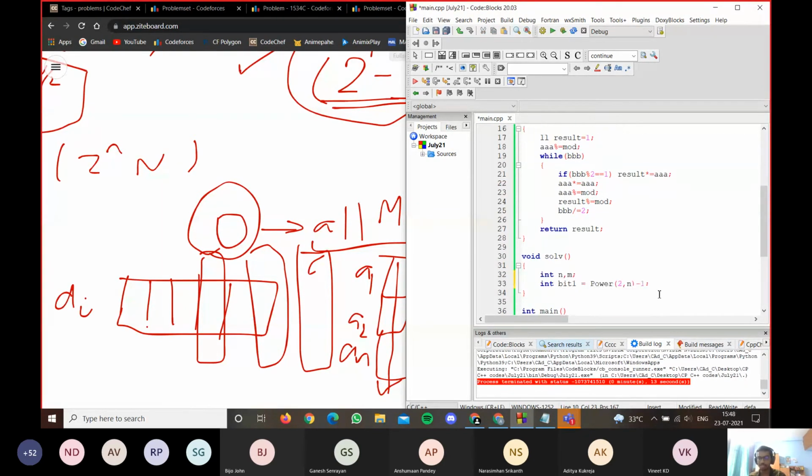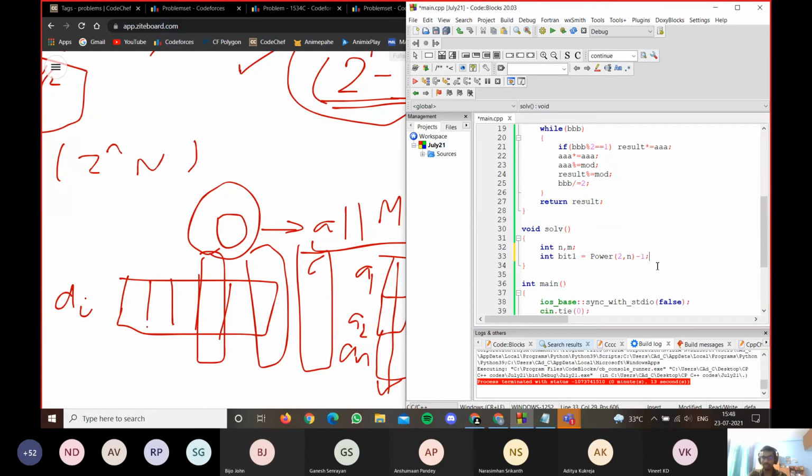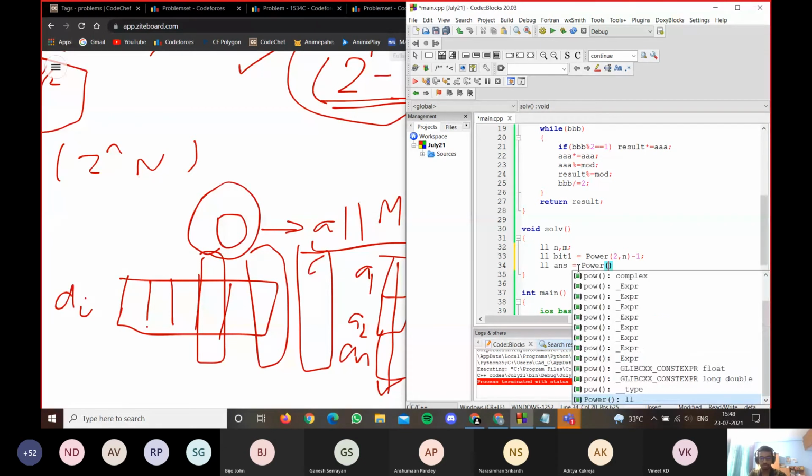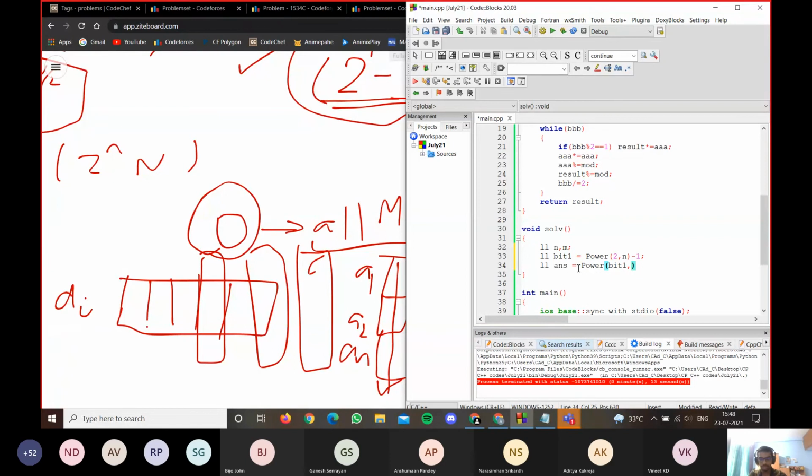So this is at least 1, and 1 minus 1 has a minimum value of 0, which I'm fine with. This number is always going to be non-negative. And then maybe not int, I'll put long long, ll answer equals power of bit 1 comma m, and that's the answer.